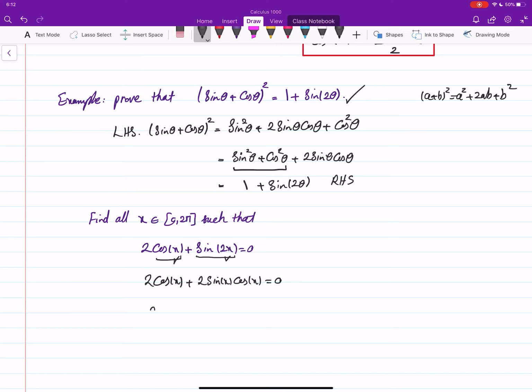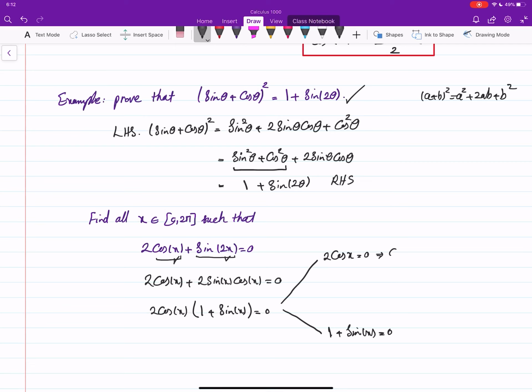Well, I can then factor out 2 cosine x, and this gives me 1 plus sine x equals 0. When you have two expressions multiplied equal to 0, then either this one is equal to 0 or this one is equal to 0.